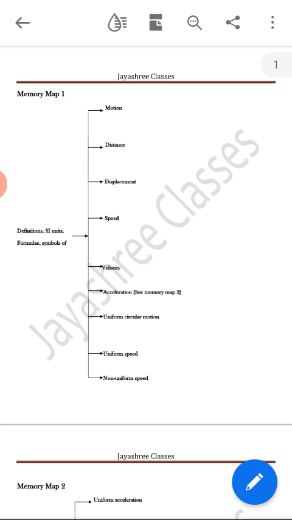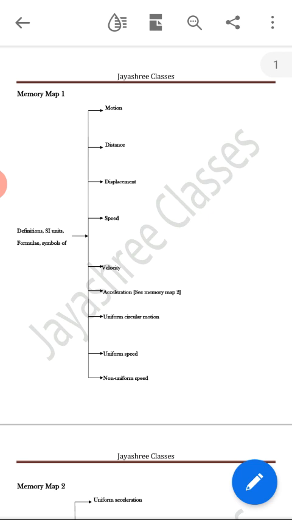You will not be required to search for the notebook in which you have written the notes, and then search for the memory maps written in that notebook. So I will suggest keeping a separate memory map notebook, 100 pages or whatever rough notebook is available with you, use that one.